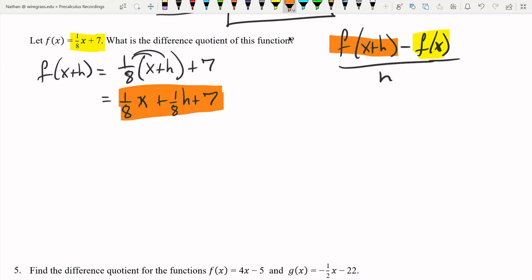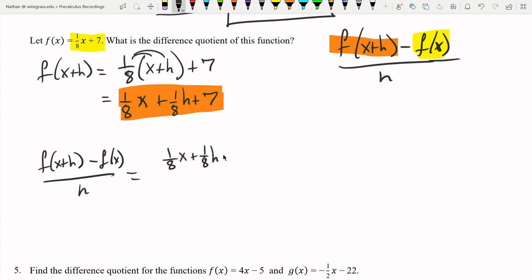So that just goes there. Of course, h stays the same. So let's go ahead and evaluate this. f of x plus h minus f of x over h equals 1/8 x plus 1/8 h plus 7 minus f of x, which is just 1/8 x plus 7.